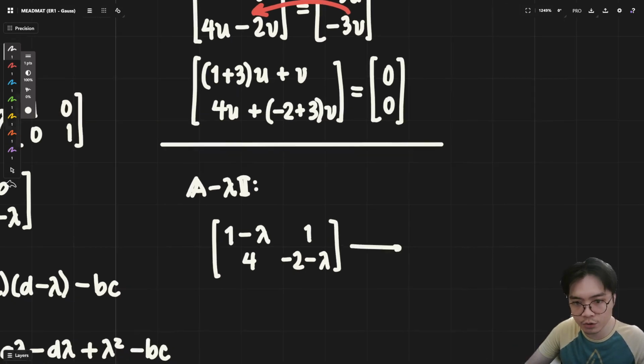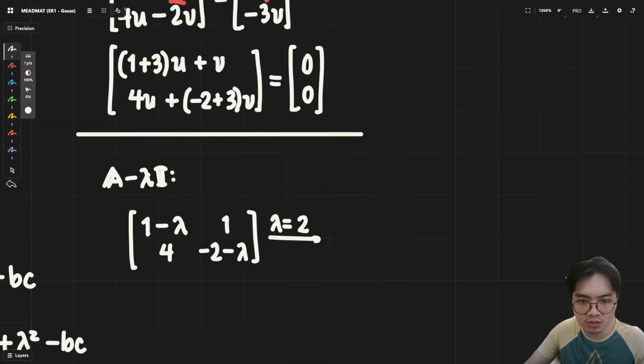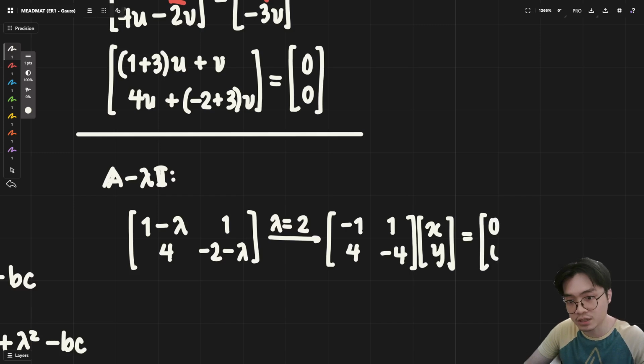In here, if we substitute the value earlier of positive 2, yes, positive 2, what you will see is this: negative 1, 1, and then 4, negative 4. And then you might say to yourself, okay, what's so different with this? If you read this as if you're going to do something like this, X, Y, and then on the other side is just plain 0, 0.